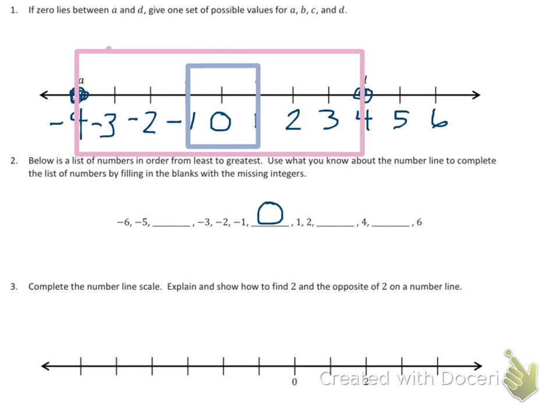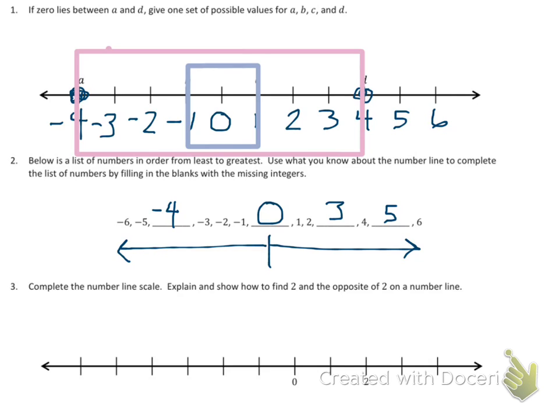And then I can see my positive numbers go to the right and my negative numbers go to the left from there. So 1, 2, there's a 3, 4, this would be a 5, 6, and on the left side, -1, -2, -3, this will be a -4. So there they are.